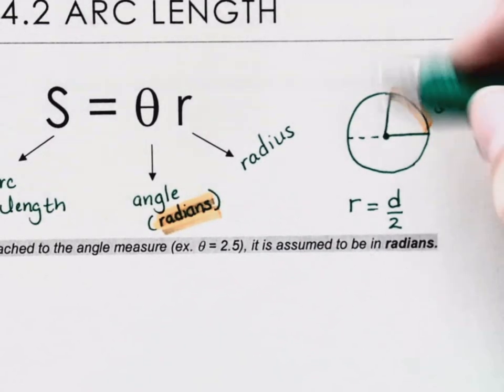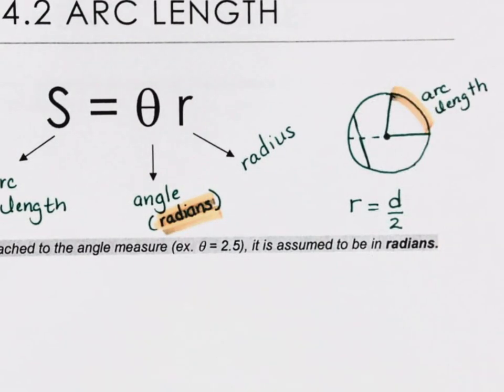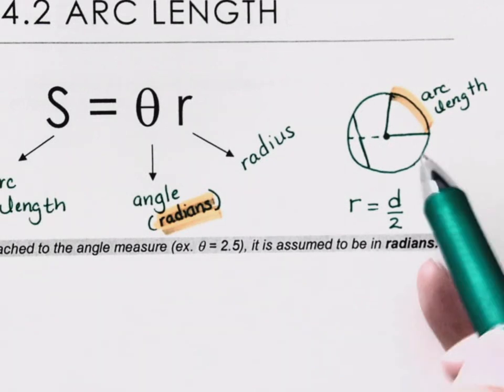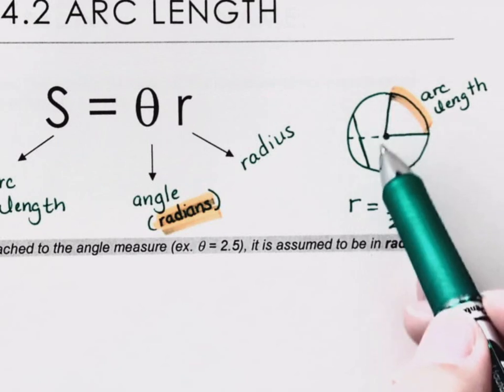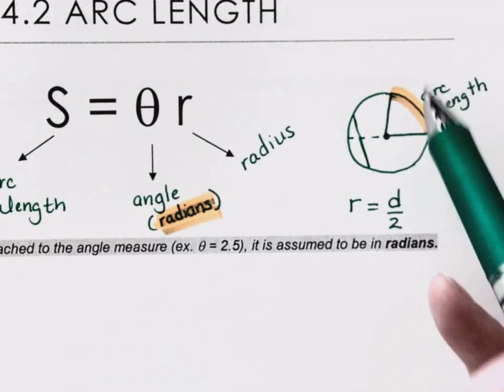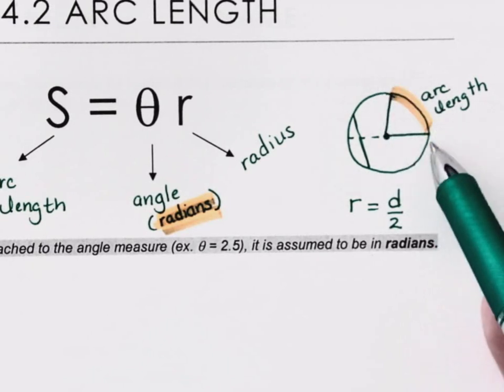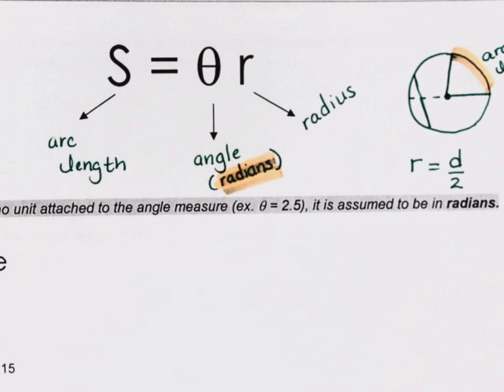If a line goes from here to here, that's not a radius, that's a chord. Different thing, doesn't have a ton of relation right now. So a radius has to go from the center to the circumference, and the distance between two radiuses is an arc length.